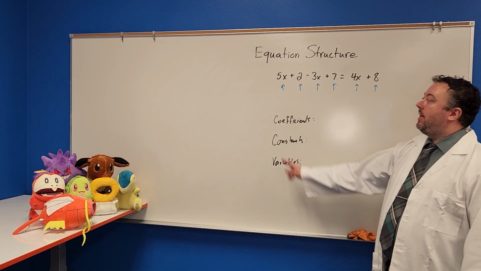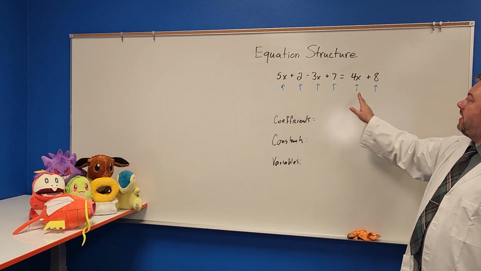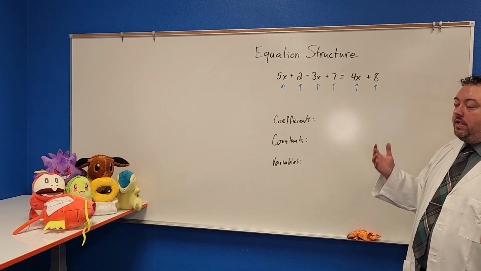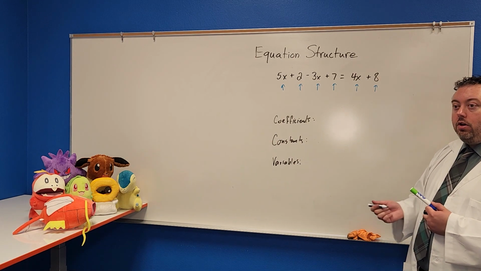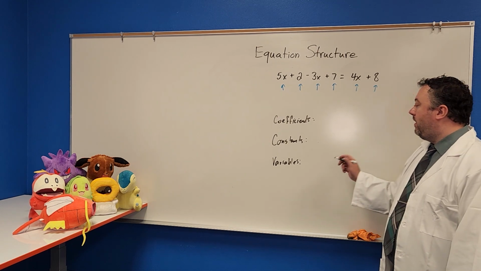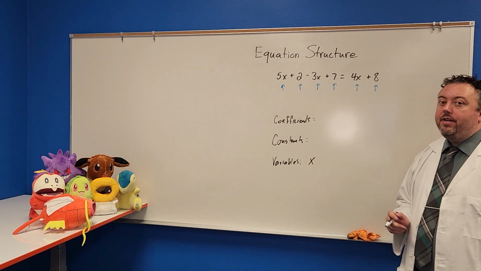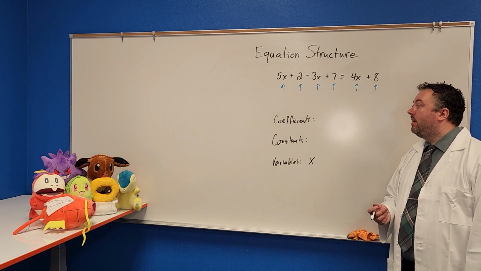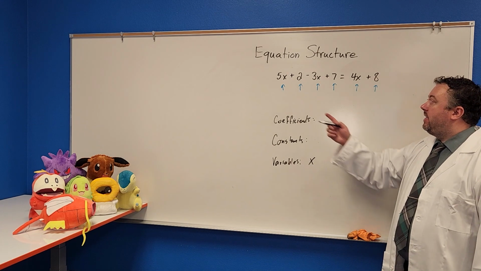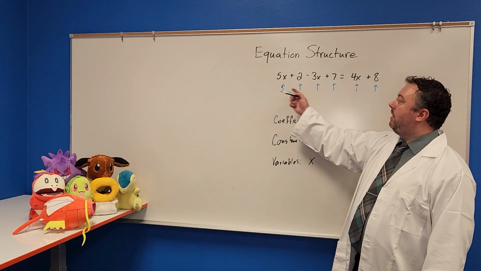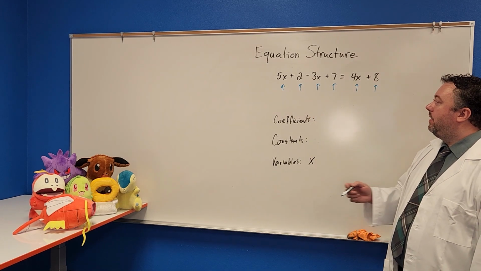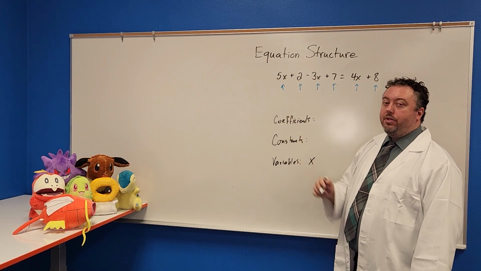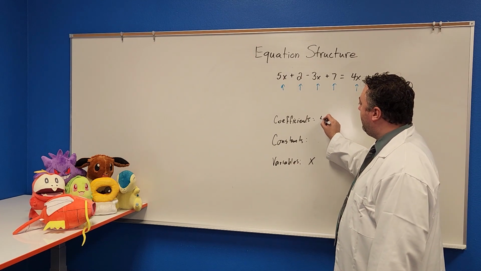Now, the first thing I want to look at is we have 5x, negative 3x, and 4x. These all are terms that contain variables, but since all the variables are the same, this equation actually only has one variable of x. Now, as I look at these x variable terms, the number associated with the 5x term is 5.